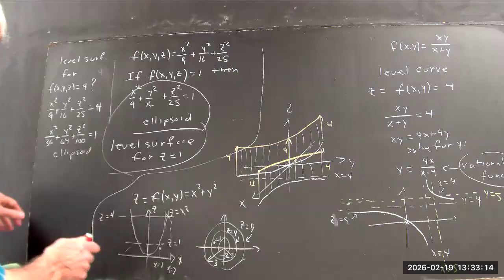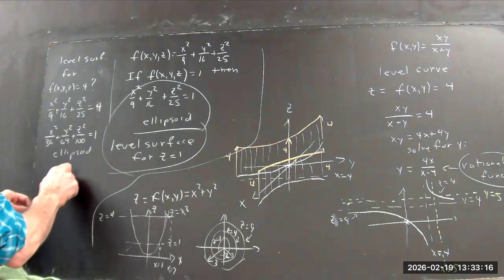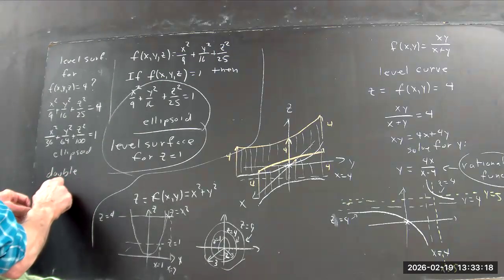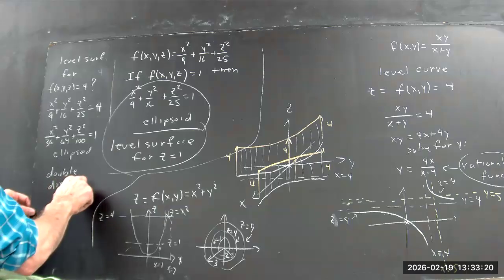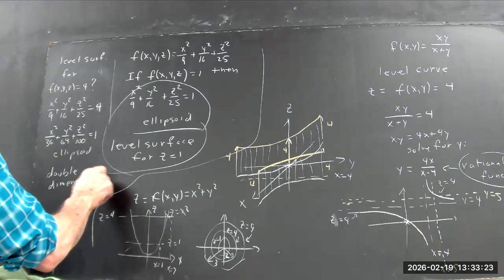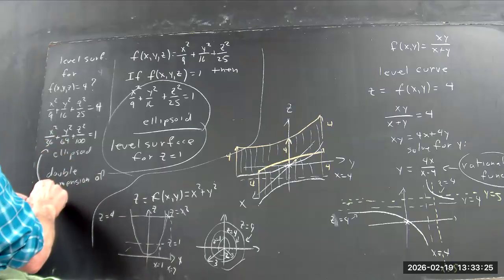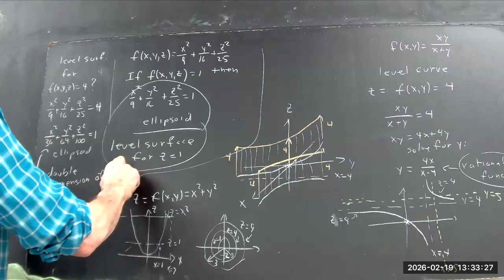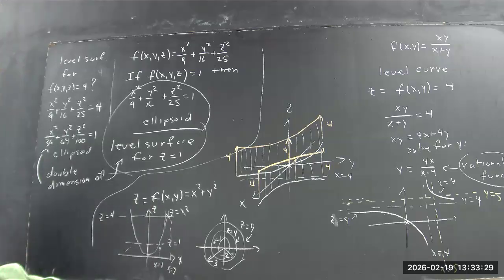So you might need to process that. This one has double the dimensions of this one. Still an ellipsoid.